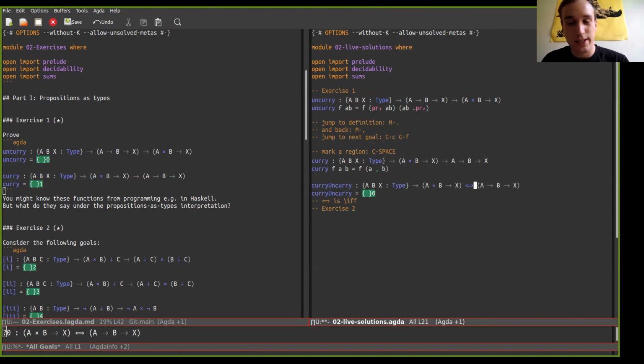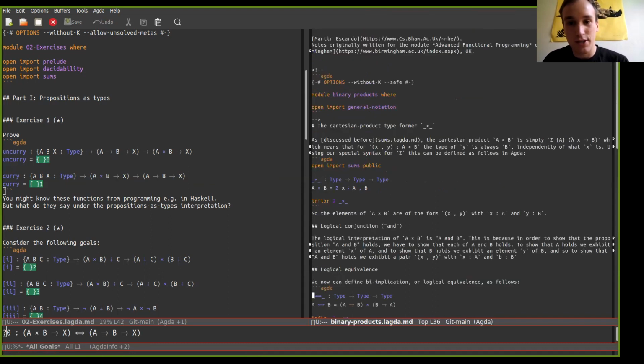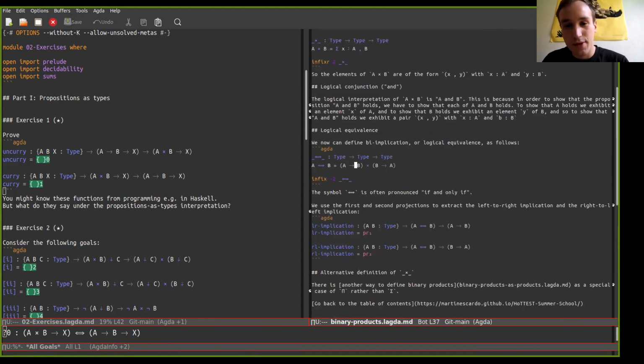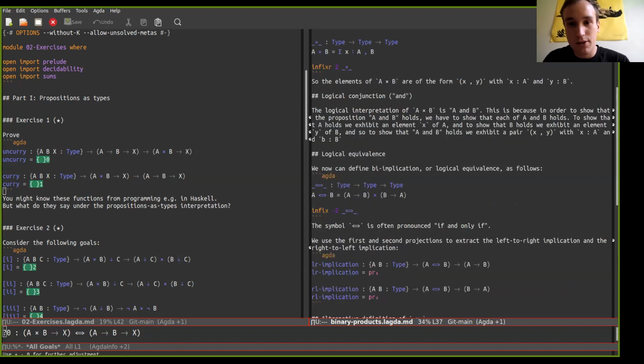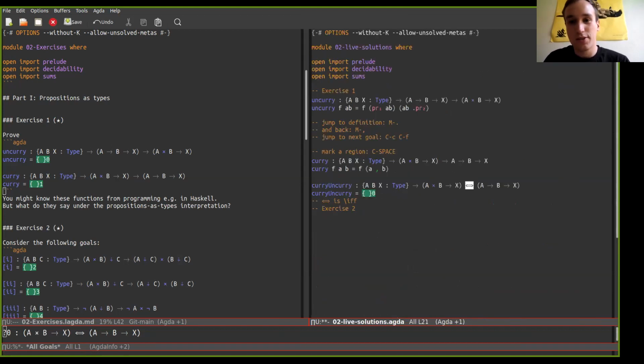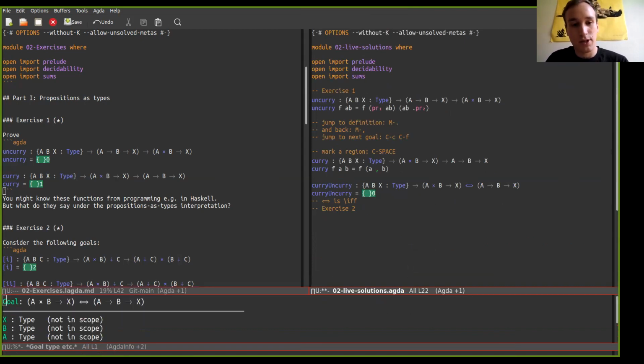And I guess it's helpful because we're going to need this later. We can look at its definition, and its definition is really just: A if and only if B, if A implies B and B implies A. So when we want to prove this, Control C, Control comma.